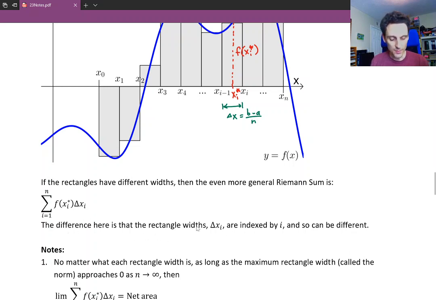So that's the difference between this version of the Riemann sum and the one that we were looking at before. We're not going to use this one in this class. I just mentioned it for interest.